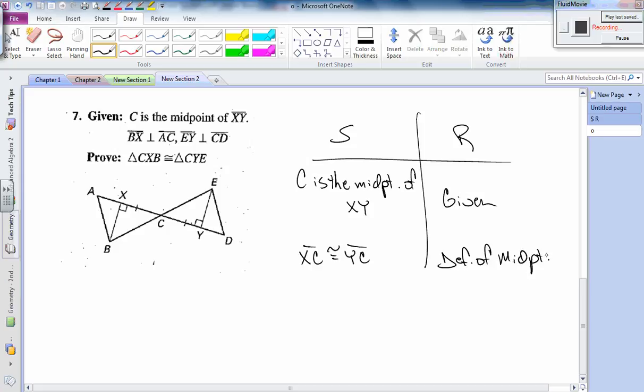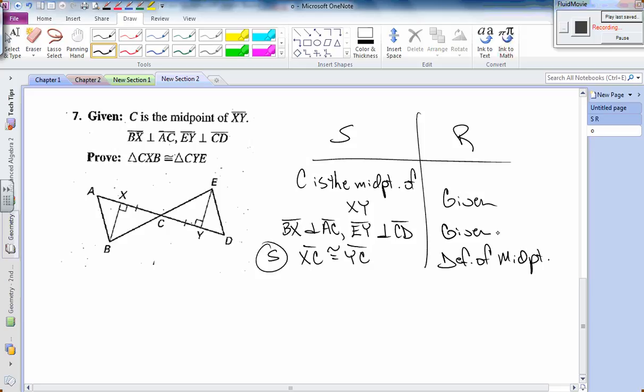Okay, so right now we have a side congruent statement. We also know that line segment BX is congruent to line segment AC. Also, EY is perpendicular. I don't know if I said congruent, I meant perpendicular.